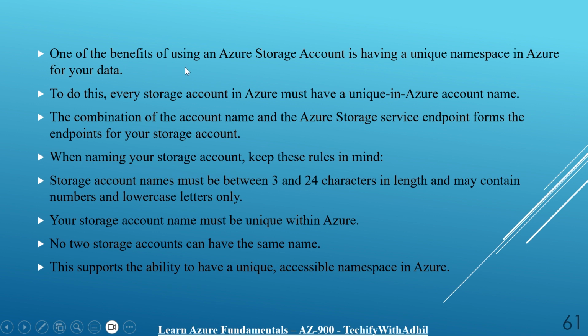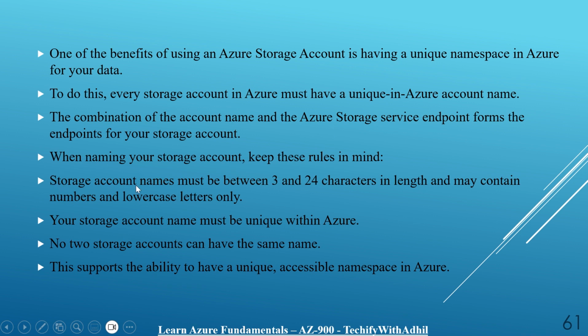One of the benefits of using an Azure storage account is having a unique namespace in Azure for your data. To do this, every storage account in Azure must have a unique account name. The combination of the account name and the Azure storage service endpoint forms the endpoint for your storage account. When naming your storage account, we should follow these rules.